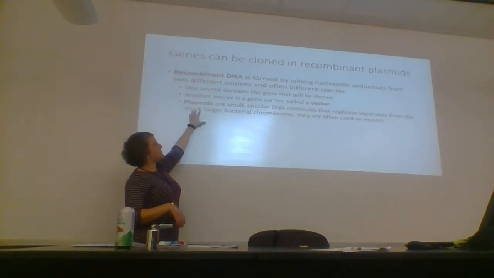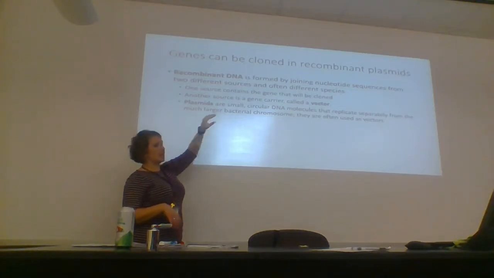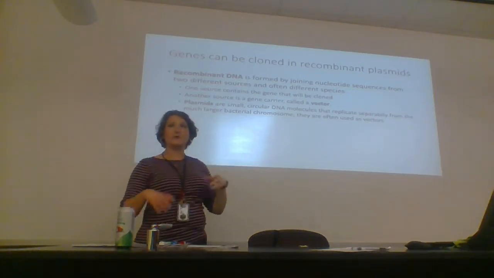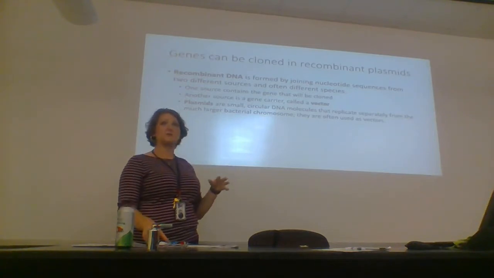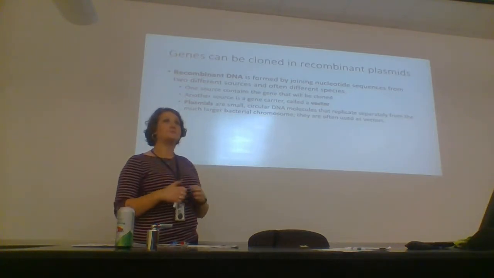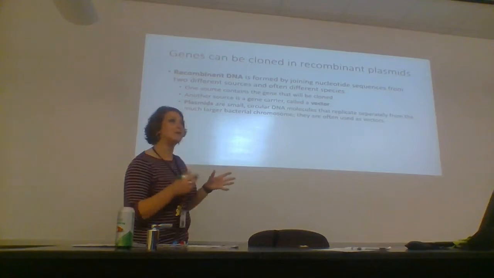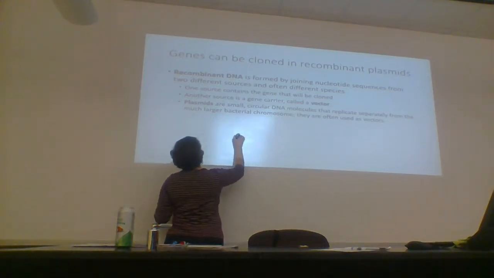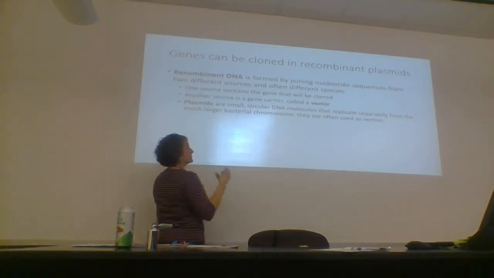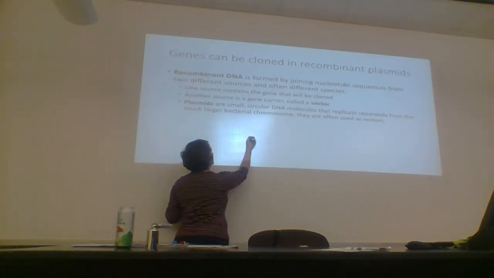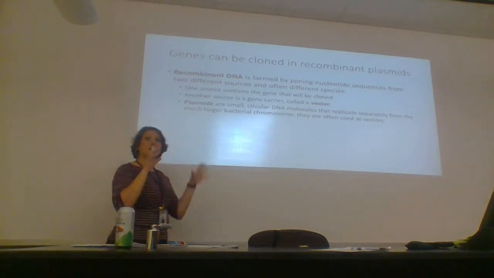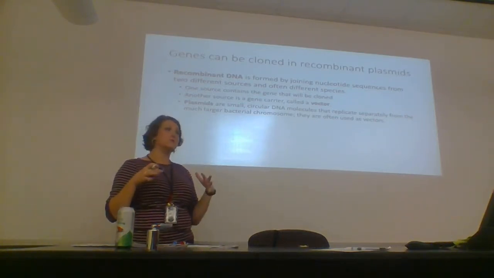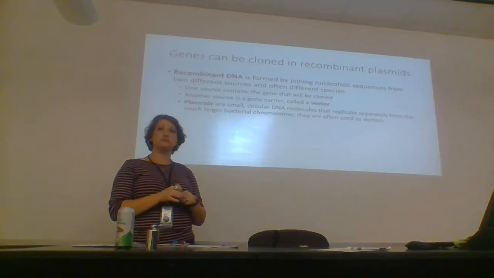Plasmids are small circular pieces of DNA that replicate separately from the main circular DNA in a bacterium. A bacterium might look like this, with a piece of circular DNA folded over itself in the middle, but it also has these plasmids, which are circular pieces of DNA somewhere else within the cell.